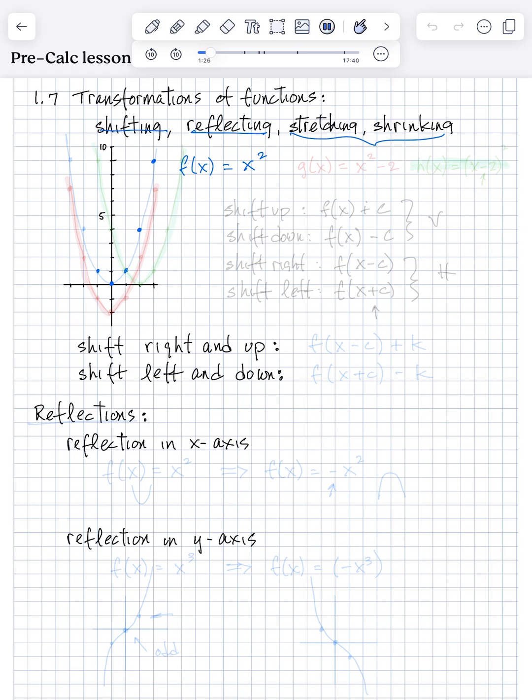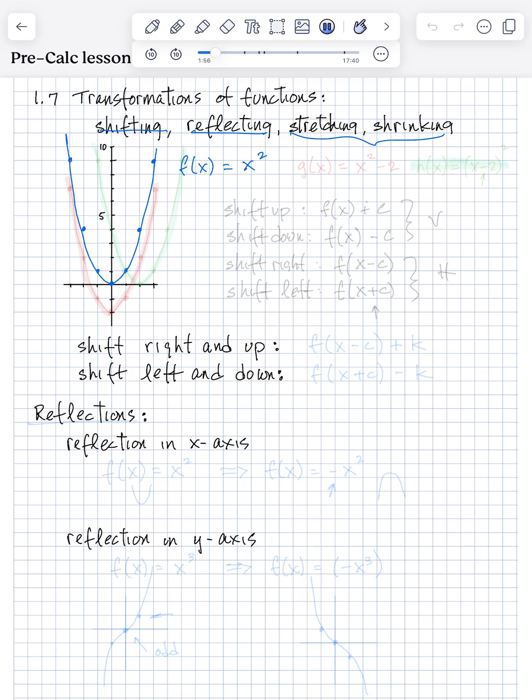So this is a parabola that has these spots. I'm going to try and sketch it or draw it as best as I can. Okay, so this is f of x equals x squared. Now, let's say we wanted to shift it.